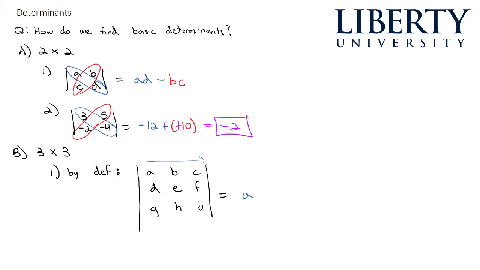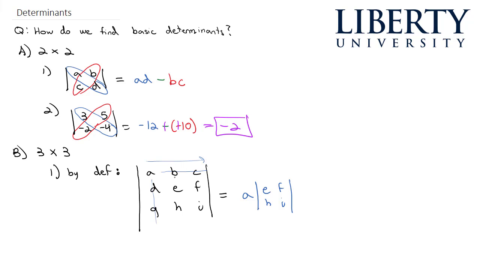If we cross off the row and column that A is in, it leaves behind E, F, H, I. And so we'll do A times the E, F, H, I determinant.